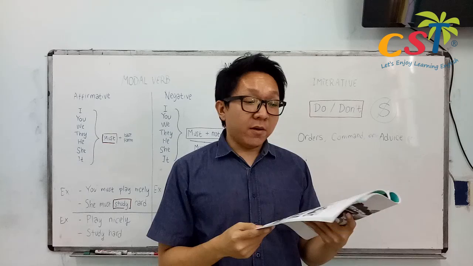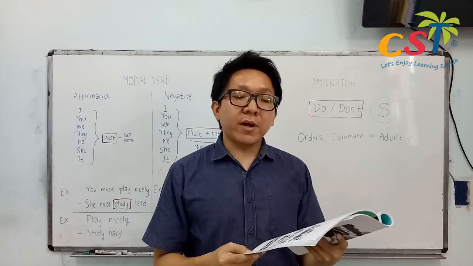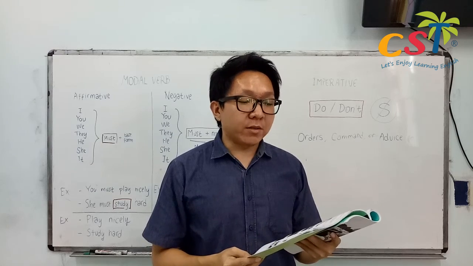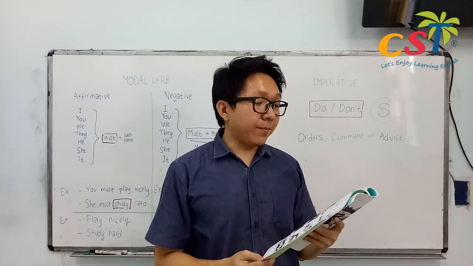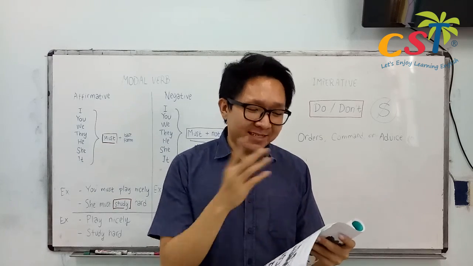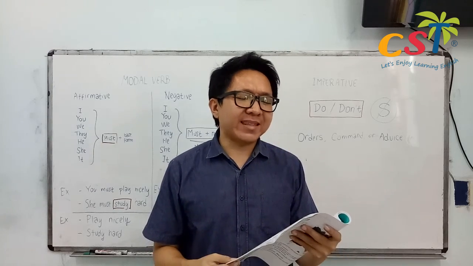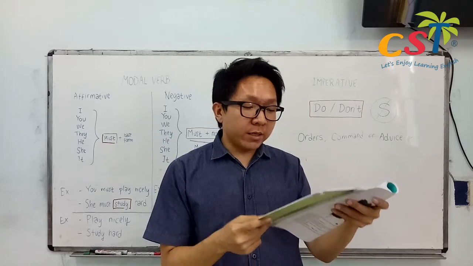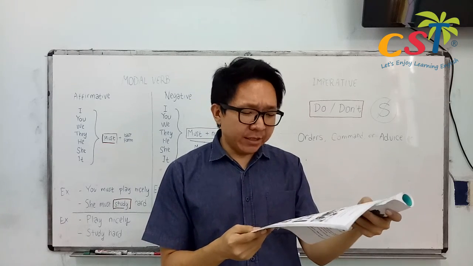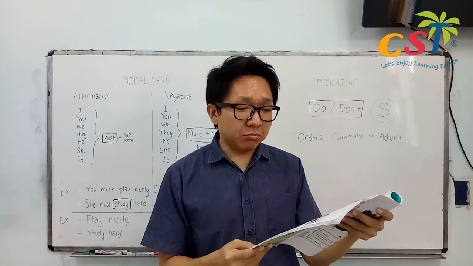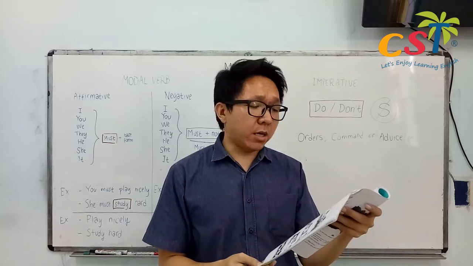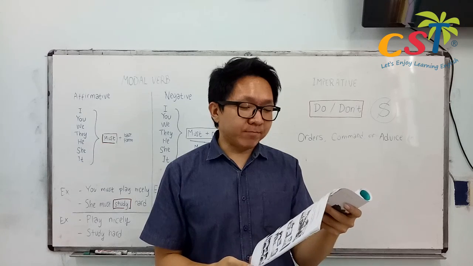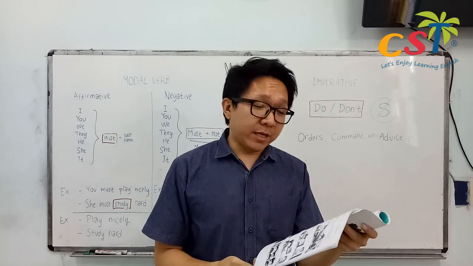Okay? Don't forget, for all of these pictures later on, you have to use the word you must before you write down the expression. Okay, let's look at the box and then look at the next expression. We have tidy your room. Look at the pictures. Which one is tidying the room? Is it picture number 2? No, because they are washing their car. Is it picture number 3? Are they tidying their room? No, they are studying.